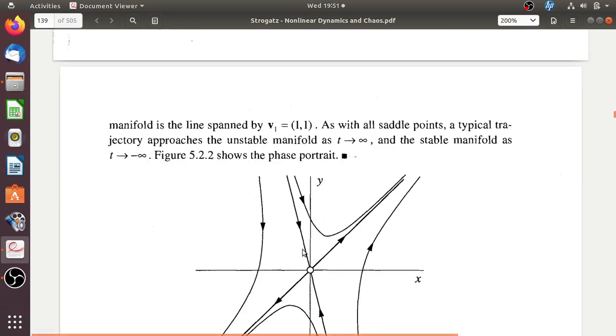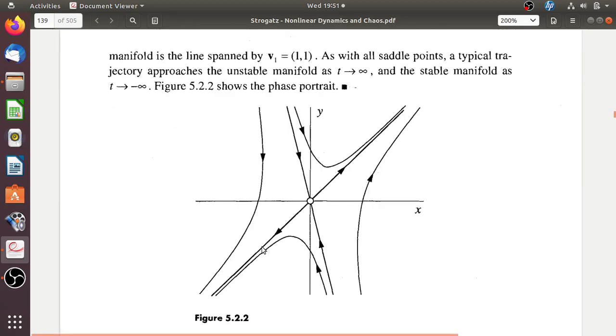Along this one it's going to go away from 0. Remember one more thing, these two trajectories are straight lines. Along the unstable manifold it's going to go away from 0, but here it's going to go towards 0.